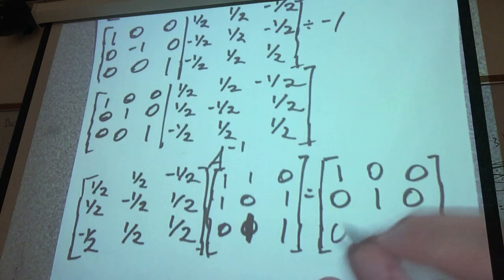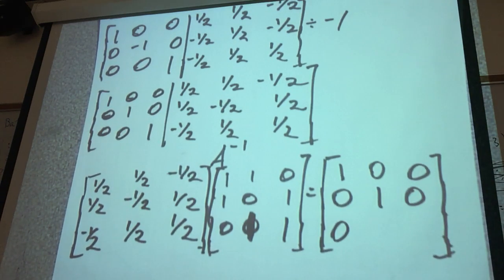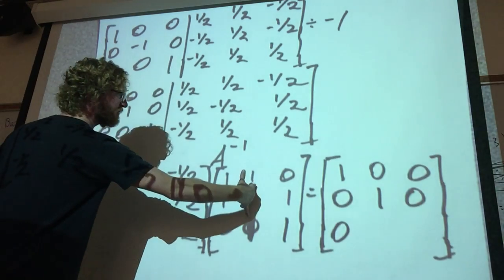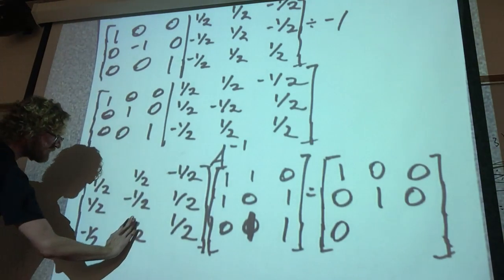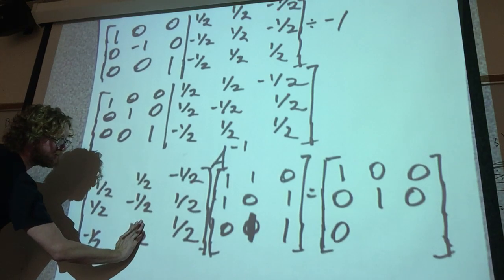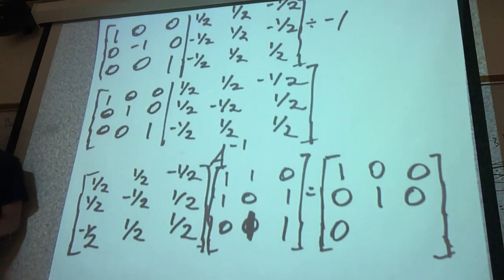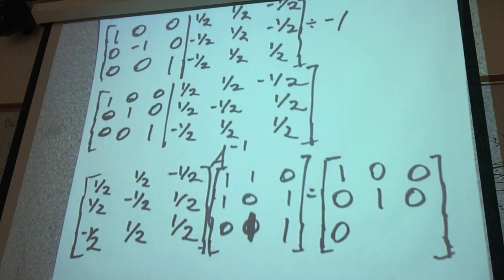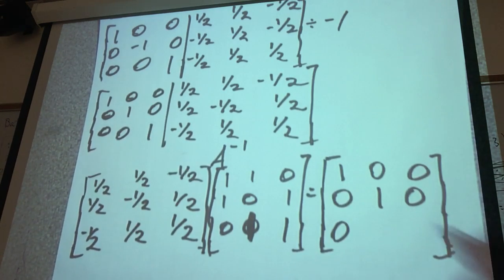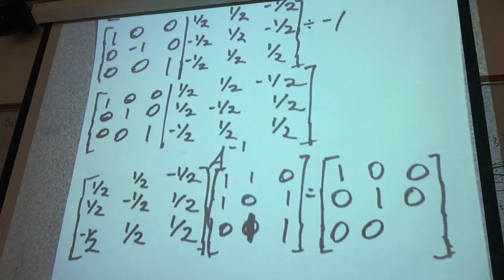So that would become a 0. All right. Now negative 1/2, 1/2 acting upon this column, this term will go away because that's going to be multiplied by 0. And then we have negative 1/2 and 1/2, which cancel each other out. And so that becomes a 0 right there.